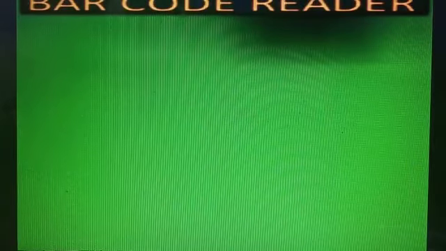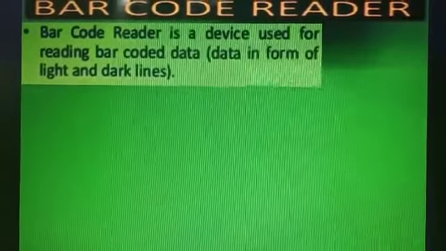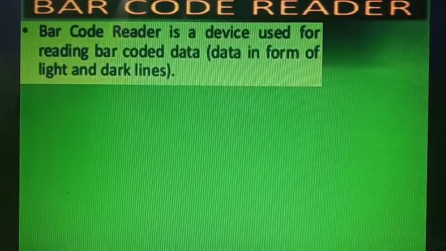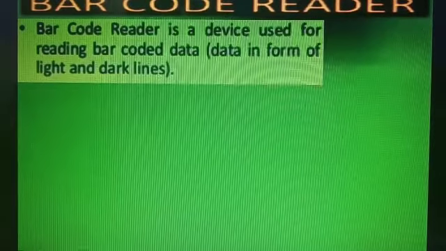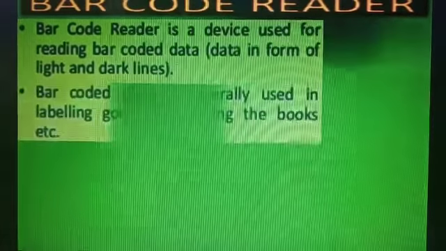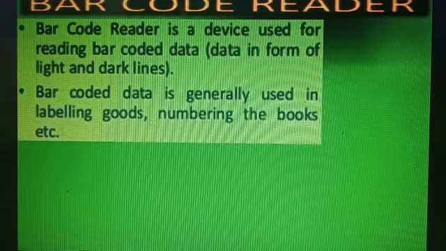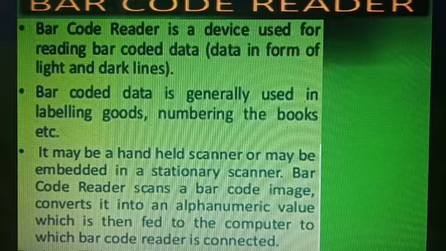Barcode reader. A barcode reader is a device used for reading barcode data, that means data in the form of light and dark lines. Barcoded data is generally used in labeling goods, numbering books, etc. It may be a handheld scanner or may be embedded in a stationary scanner.